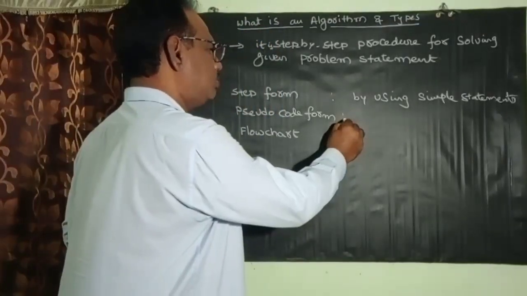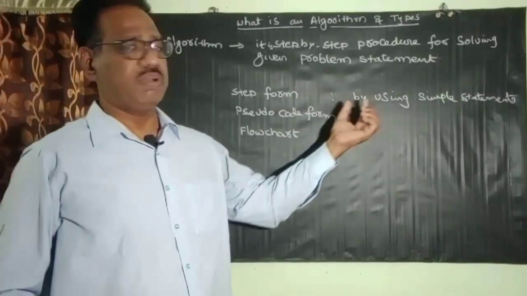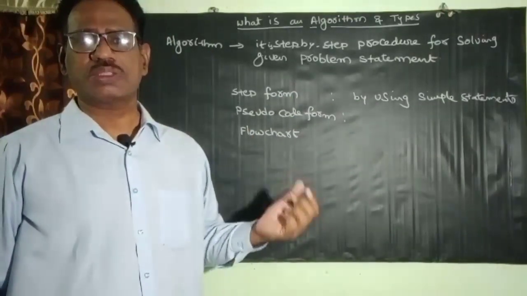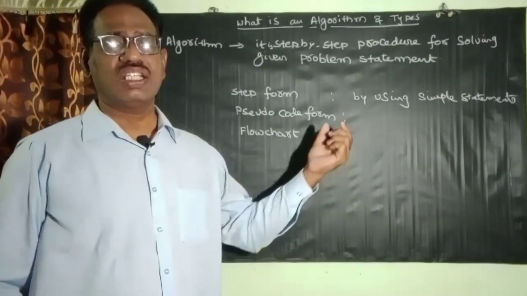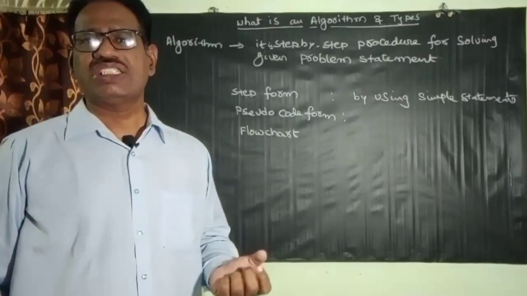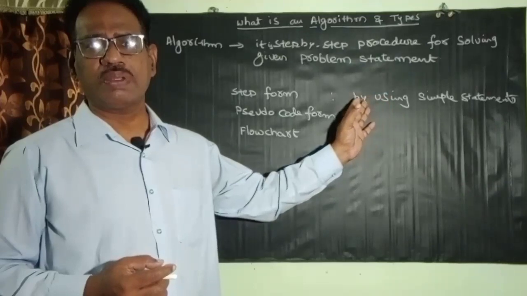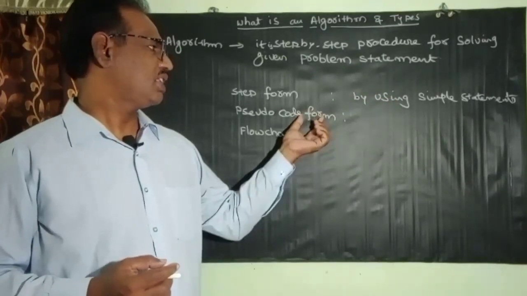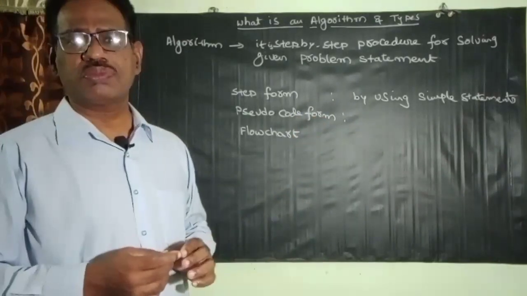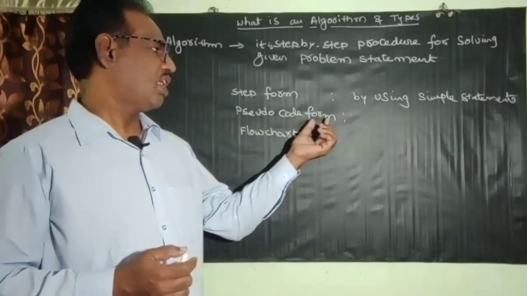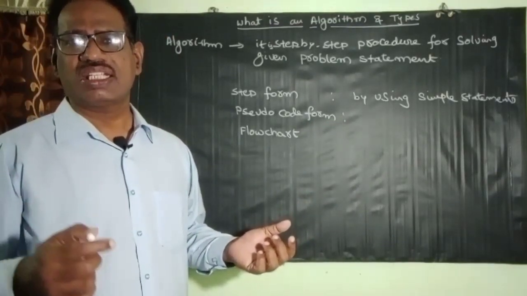In the pseudocode form, it is the same type, but we are not going to explain the statements in detail or write complete statements. We write the procedure with some catchy words, whereas in the step form, complete simple English statements are written. Here we identify some catchy words in English that provide the meaning, such as input, read, write, do, set, initialize.